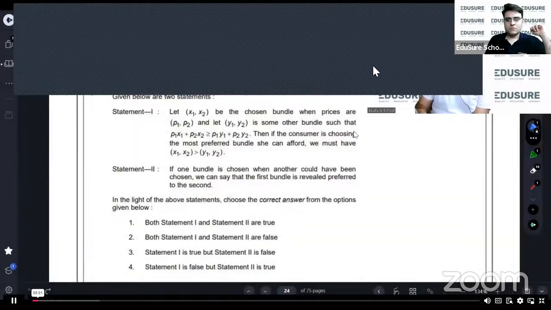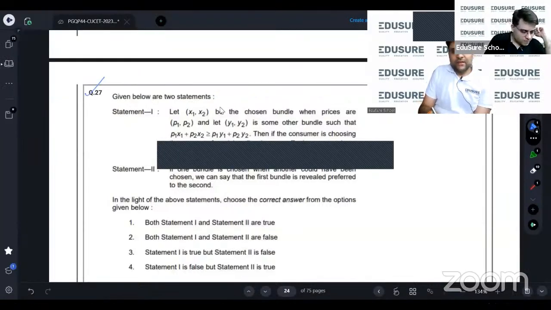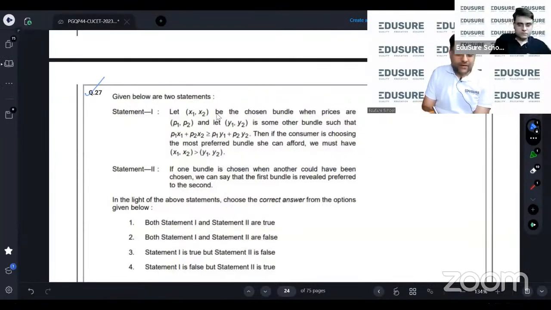So this is CUET 2023, question number 27. Statement 1. Let x1, x2 be the chosen bundle when prices are p1, p2, and let y1, y2 be some other bundle such that this is the case.